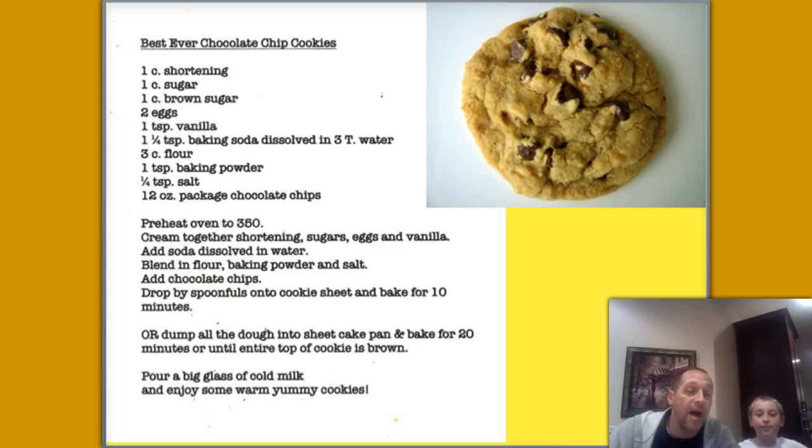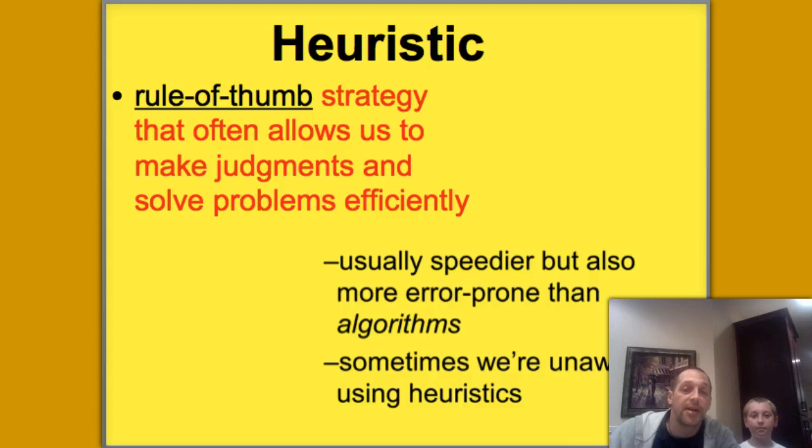But basically it is an algorithm. So a recipe is an algorithm to come up with some food. Now, contrary to this is a heuristic. Heuristics are rules of thumb, okay? A strategy that often allows us to make judgments and solve problems efficiently. You're not going to always get the correct answer, but you can be much more efficient with heuristics, whereas an algorithm might take a very long time.